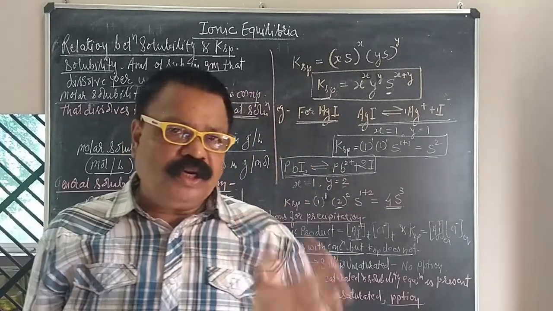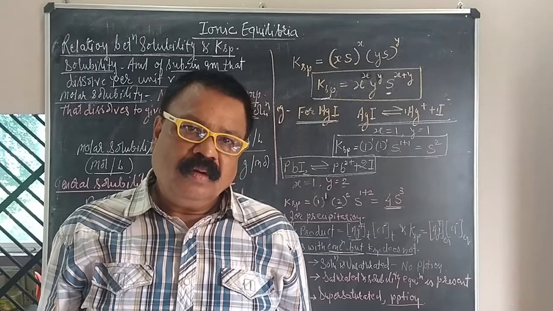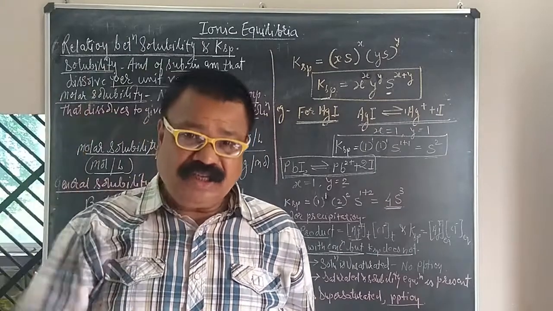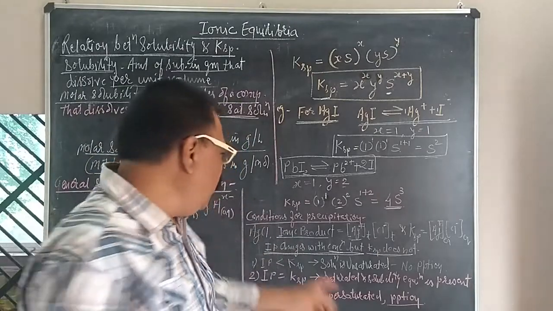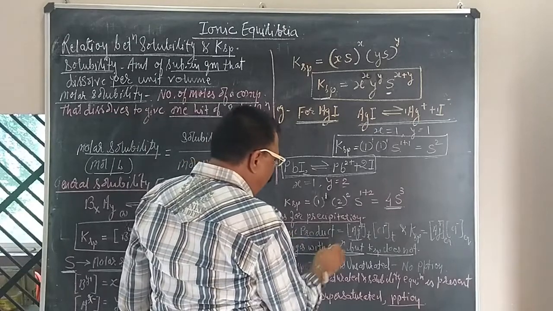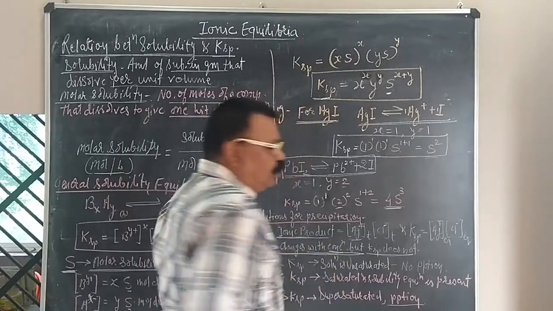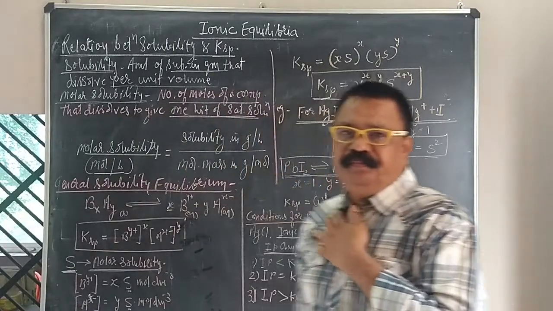Solubility product concentration के मुताबिक change नहीं होता. Because equilibrium concentration की जब बात होती है तो that will remain the same. Getting this? But the value of the ionic product will change with the concentration. Correct?